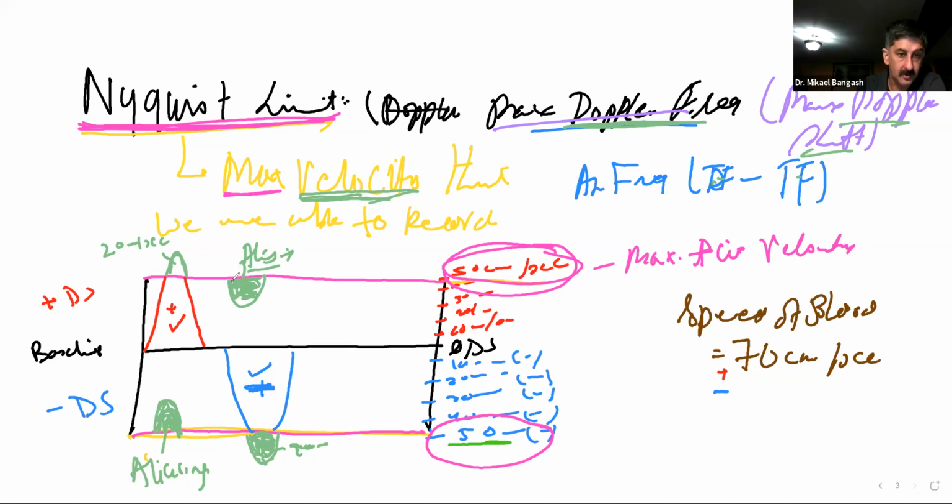So that is going to be shown as aliasing. This gives us the impression that we also had a positive Doppler shift, along with the actual negative, or a negative along with the positive.